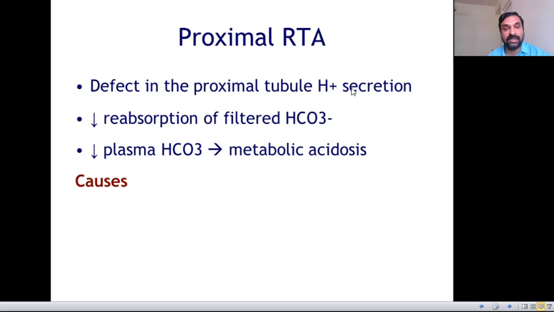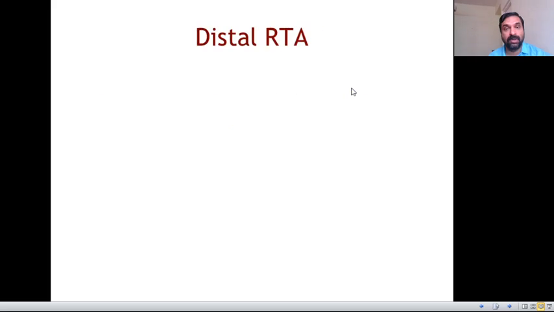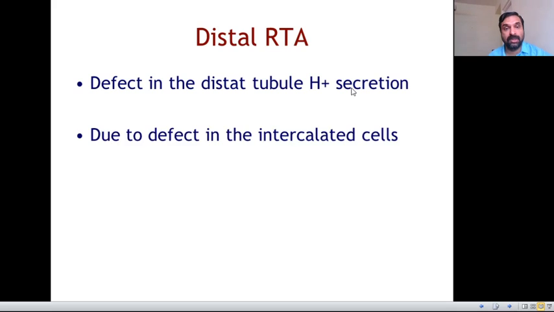Okay, so decreased plasma bicarbonate leads to metabolic acidosis. The main causes are Fanconi syndrome and administration of carbonic anhydrase inhibitor drugs. Now distal renal tubular acidosis. It is due to a defect in distal tubular H plus secretion. It is due to a defect in intercalated cells.